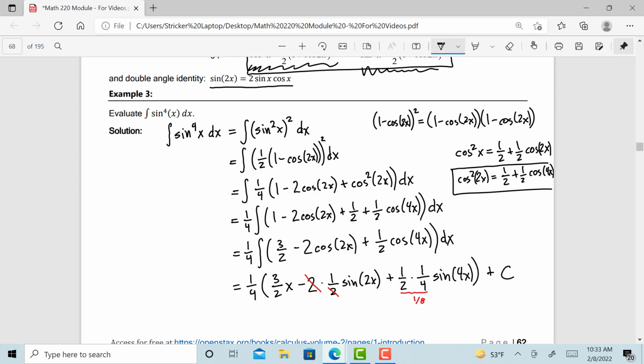So our final answer, when we multiply 1/4 times 3/2 x, we get 3/8 x. Then we're going to take 1/4 times this minus sine 2x, so that's going to be minus 1/4 times the sine of 2x. And then we have 1/4 times this 1/8, which is going to make 1/32. So we have 1/32 times the sine of 4x, and then plus c.